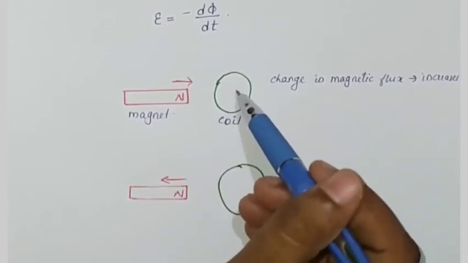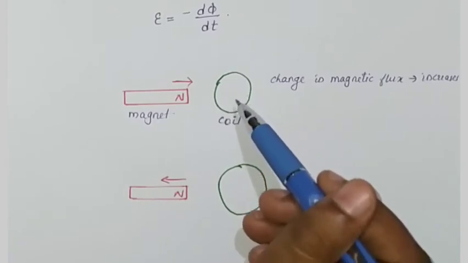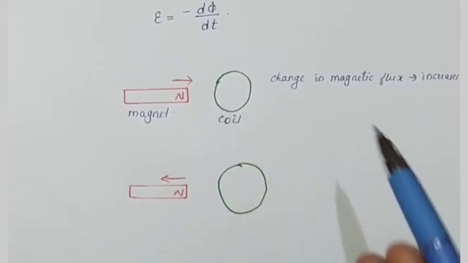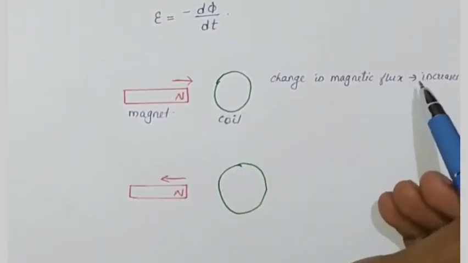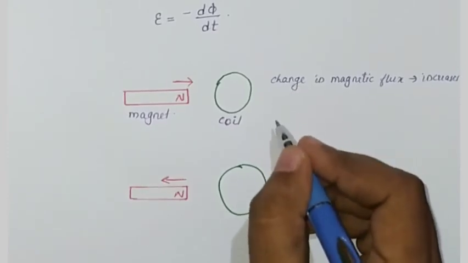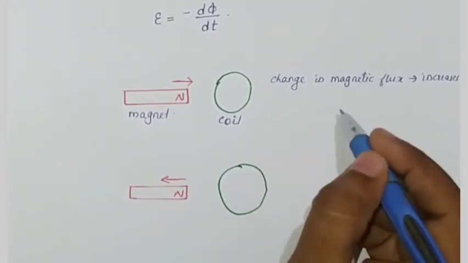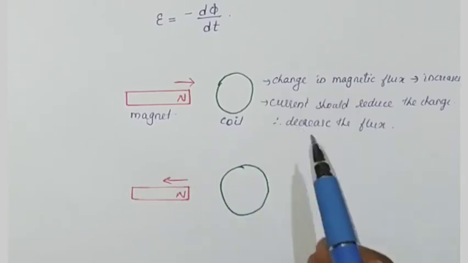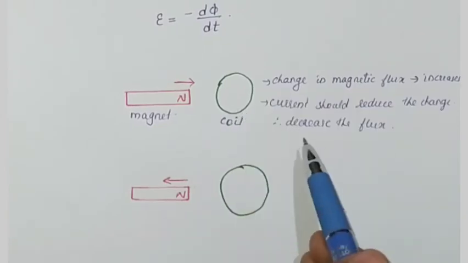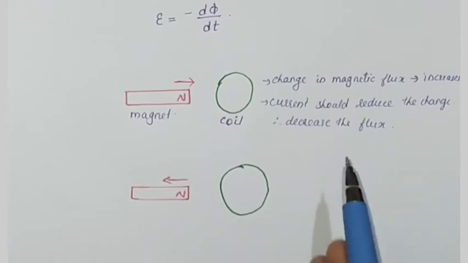So a current in this coil will be produced such that it opposes the change in magnetic flux. Here the change in magnetic flux is that the magnetic flux is increasing. So the current should be in such a way that it reduces the magnetic flux, that is, should decrease the flux.